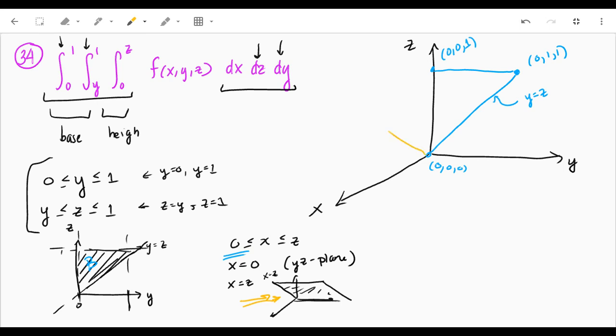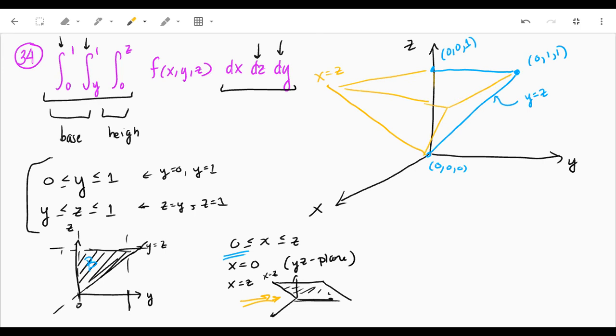So here's your line x equals z, and think about how that plane would look just slicing through. We're kind of getting there.